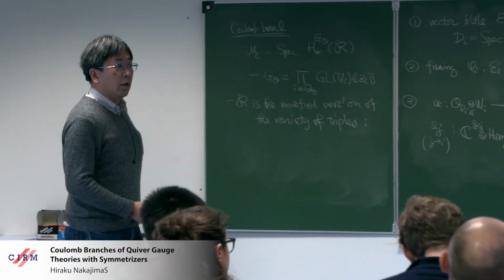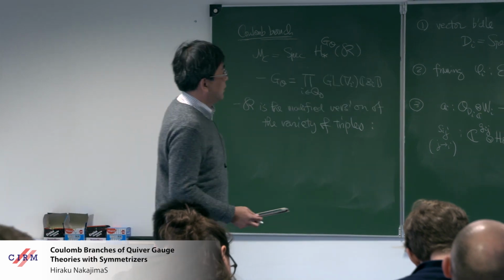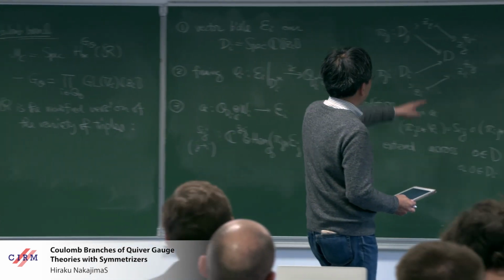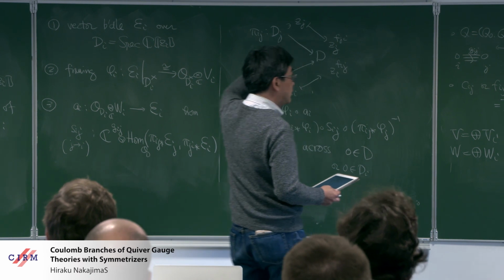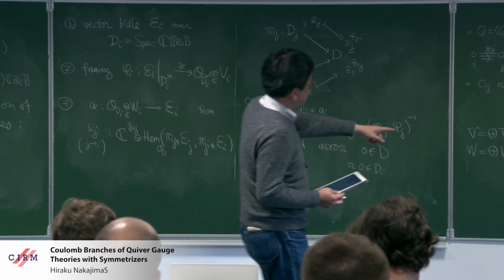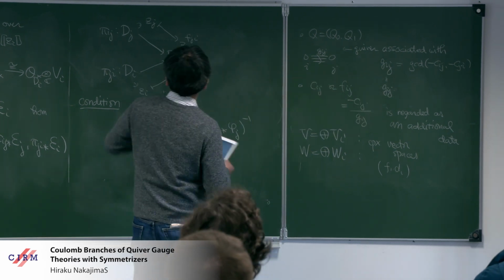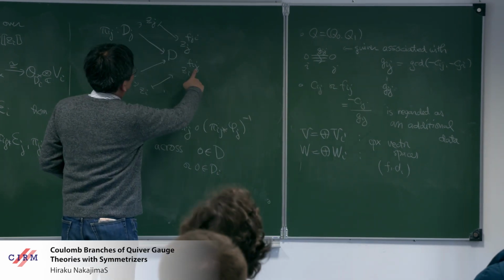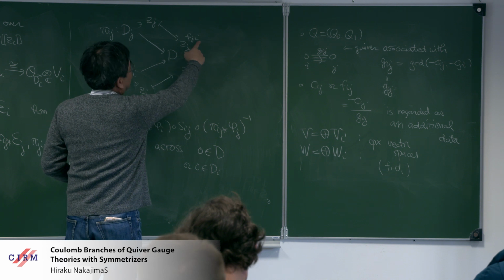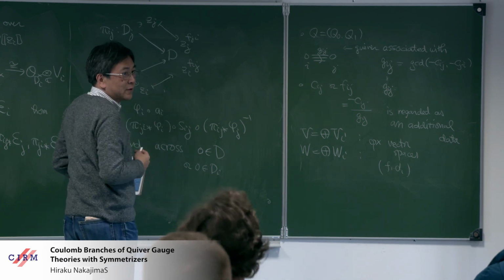Is it really f_ij, or g_ij? So this is f, this is f. G_ij is symmetric, and for example one of f_ij is equal to 1 and f_ji is 2 or 3, something like that.